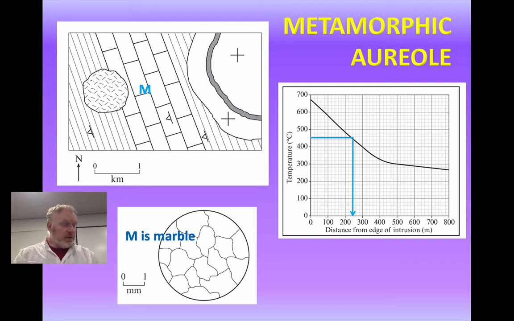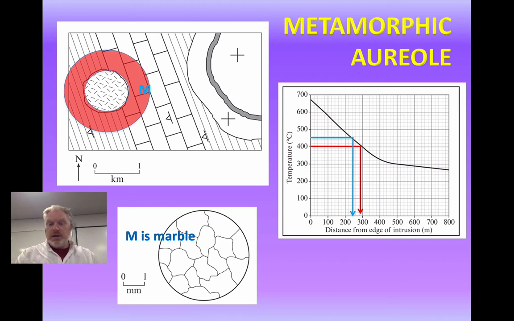We're then told that metamorphism occurs when rocks are heated to more than 400 degrees centigrade, and then it asks you to draw the aureole onto the map. So if 400 degrees takes us to here, it means the width of our aureole is just less than 300 meters, or about 300 meters.